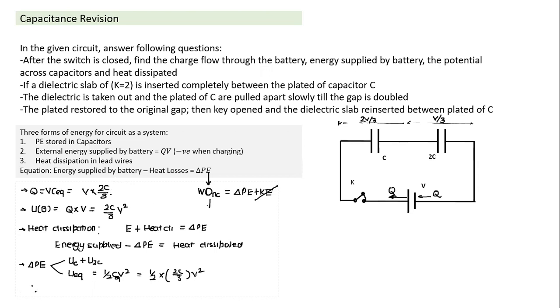So the loss of energy in the form of heat dissipation is equal to the potential energy stored in the capacitor, or half the energy supplied by the battery. This is true only when the initial state has no charge. This is not valid in all cases, that half the energy supplied by the battery is lost.